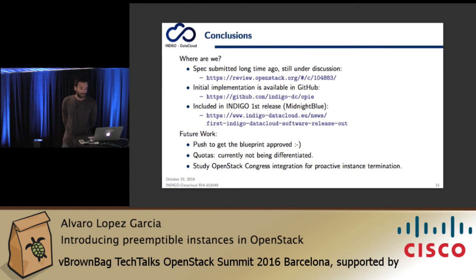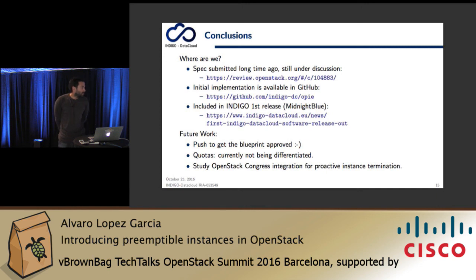The future work that we foresee, first of all, is to try to get this blueprint approved, because we think that there is room for this functionality in Nova. Then another tricky part is the quotas, because currently we are accounting this under the user's quota. So if this gets merged at some point in Nova, we need to take into account that this could probably be done in a different quota.